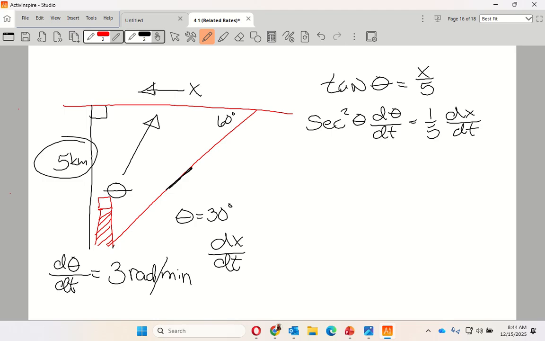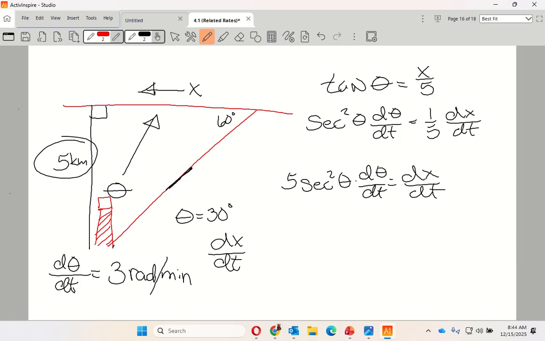Okay, let's see what all we know. Multiply both sides by 5. So I'm going to end up with 5 secant squared theta d theta dt is equal to dx dt.